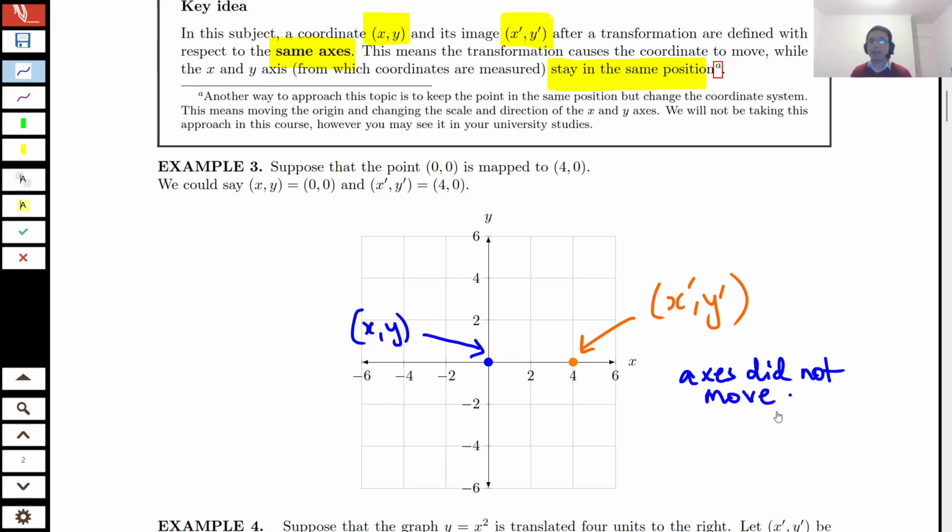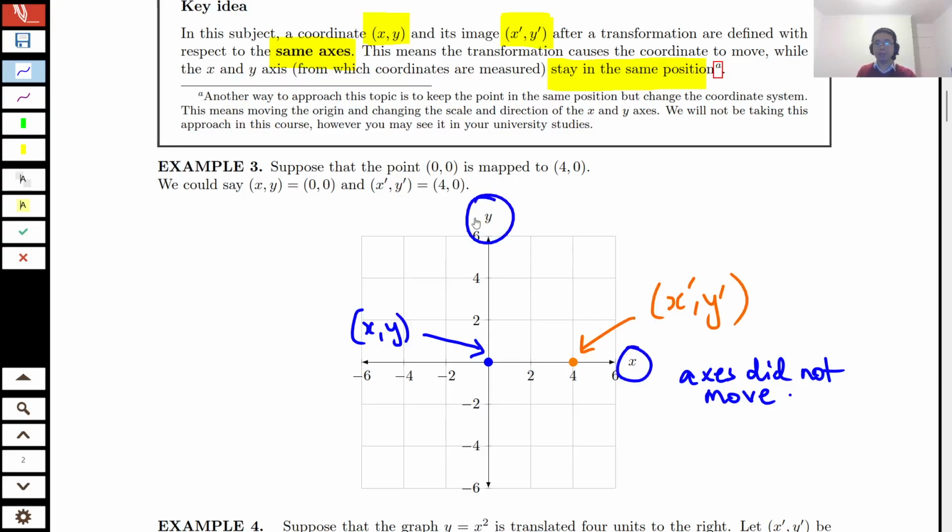One of the things that I don't like about this notation is that the letters x and y have been used 3 different ways in this diagram. First, it was used for the starting point, then for the new point after the transformation, and this x and this y refers to a coordinate system where I define an x-axis, a y-axis, and an origin.